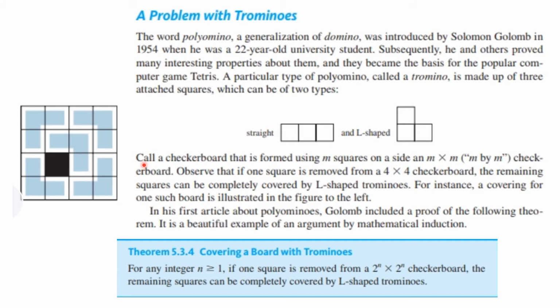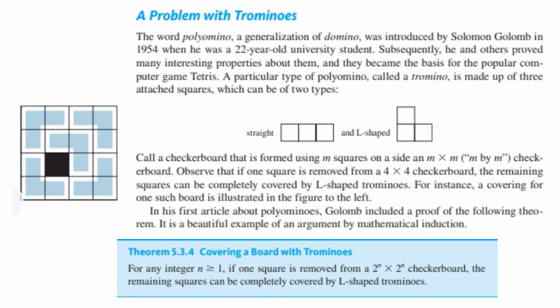Call a checkerboard that is formed by using m squares on a side an m by n checkerboard. Observe that if one square is removed from a 4 by 4 checkerboard, the remaining squares can be covered by L-shaped triominoes, like that. And this is called a tiling of that.